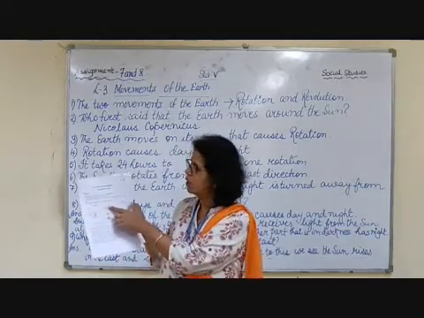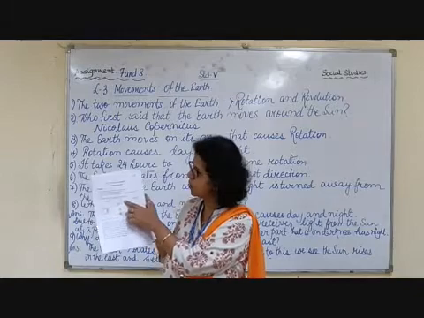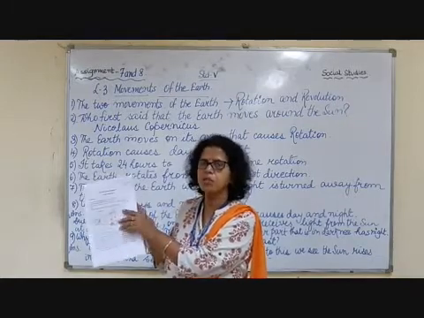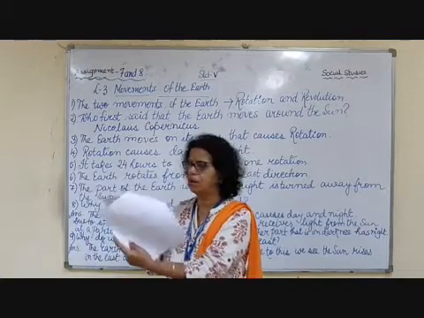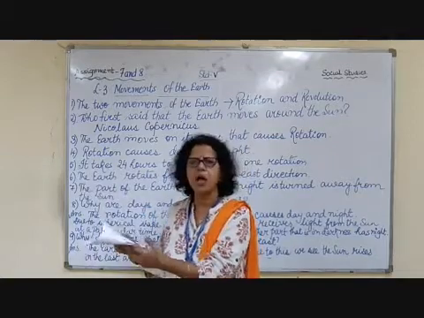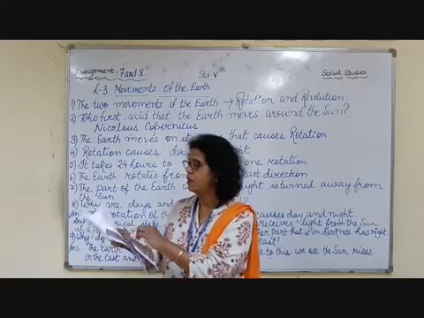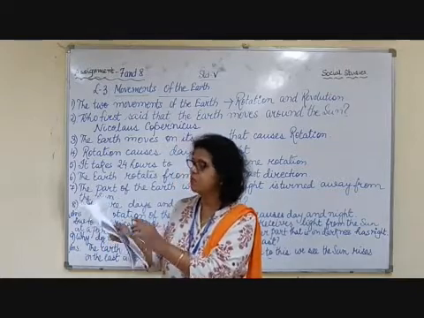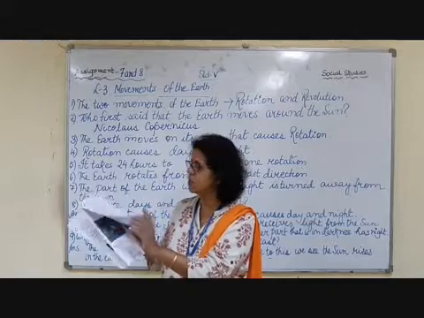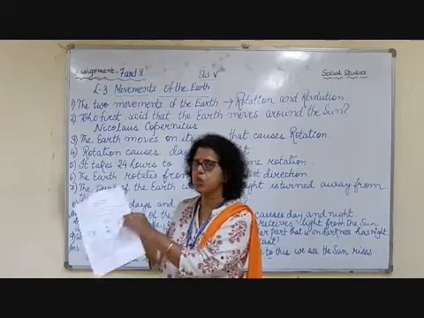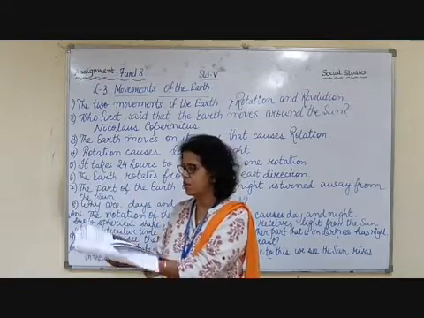Autumn means just before the winter, and we hardly have autumn in India. The southern hemisphere will have the opposite: autumn in the first position and spring in the third position.